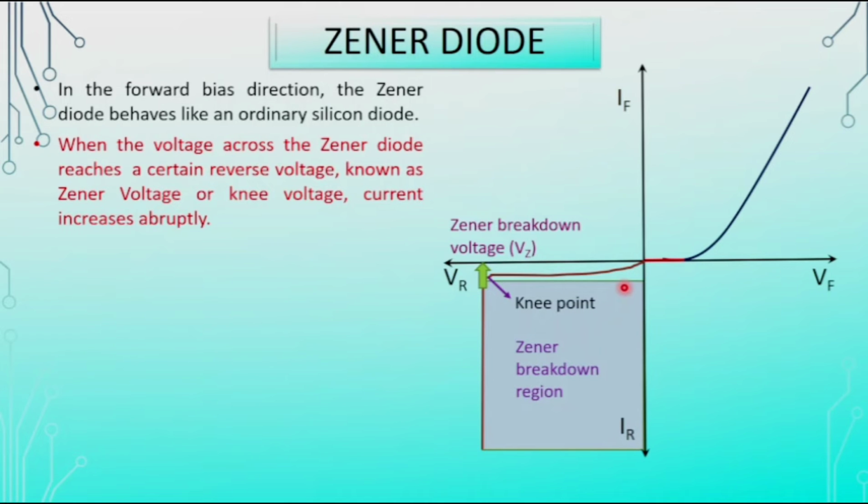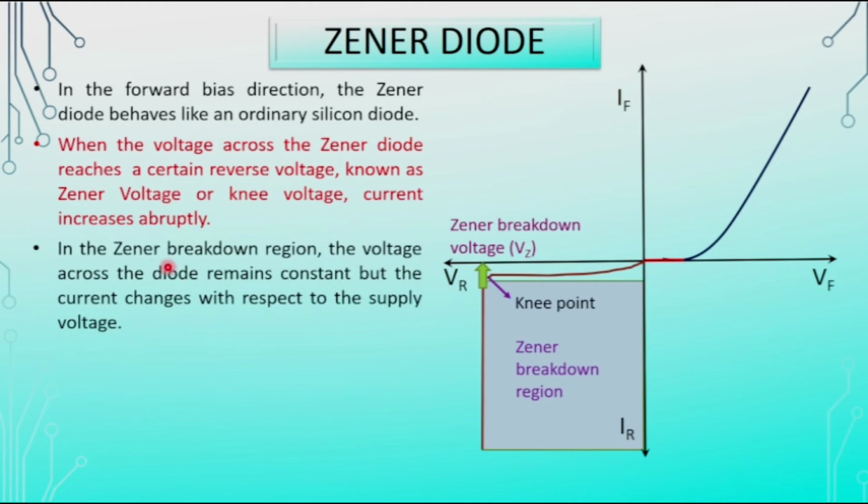That means if the current is increasing or changing, for all values of current we get the voltage at a constant value, right? That's why it is used as a voltage regulator or stabilizer. In the Zener breakdown region, the voltage across the diode remains constant, but the current changes with respect to the supply voltage, right?